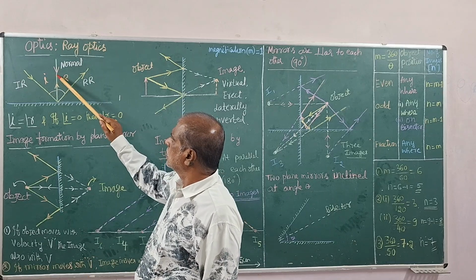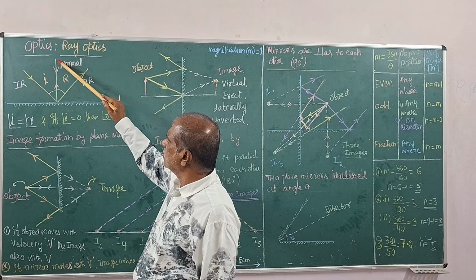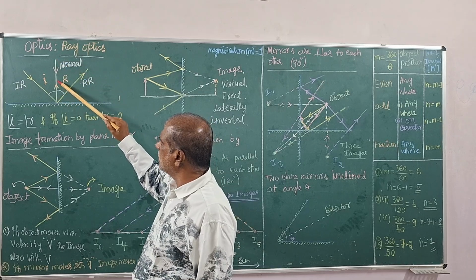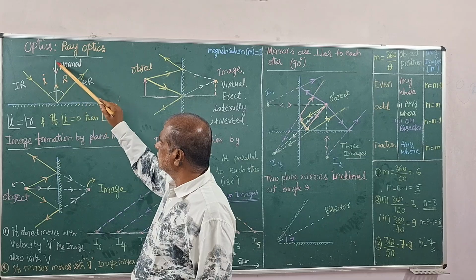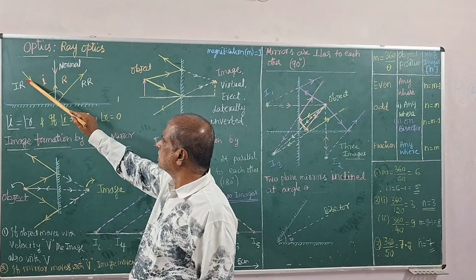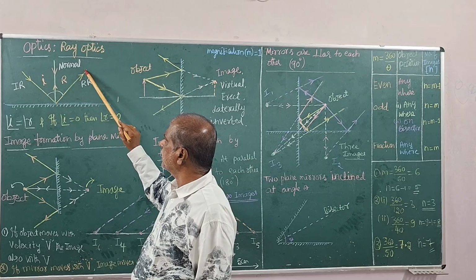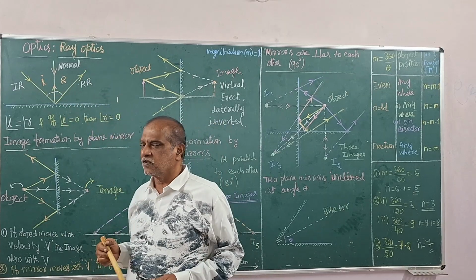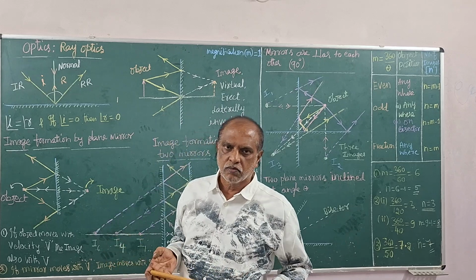See that if the incident ray is along this line, the reflected ray is along the same line but in the opposite direction. This is about the reflection of light on the plane mirror.